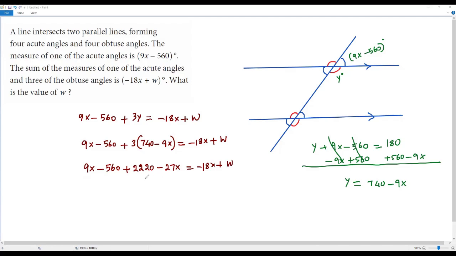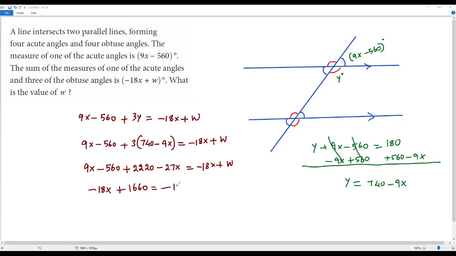Let's combine this positive 9x and −27x. When I do so, I am getting −18x. Now let me combine −560 and positive 2220. Then I'm getting positive 1660.